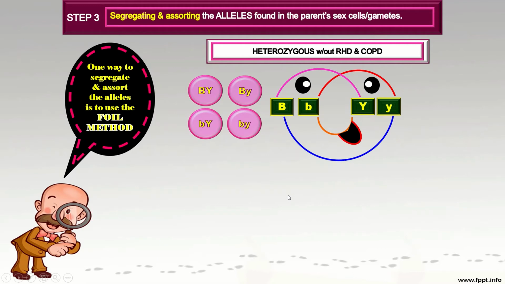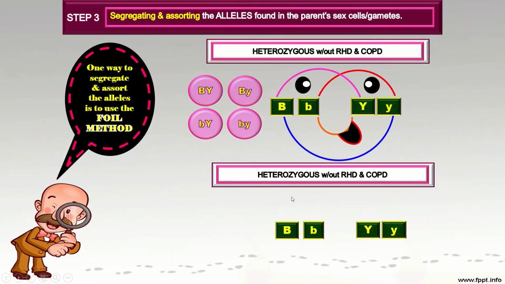So we'll do the same with the father's side. We'll also still use the FOIL method. First, there's a chance that the sperm cell will carry both the dominant alleles, without RHD and COPD.